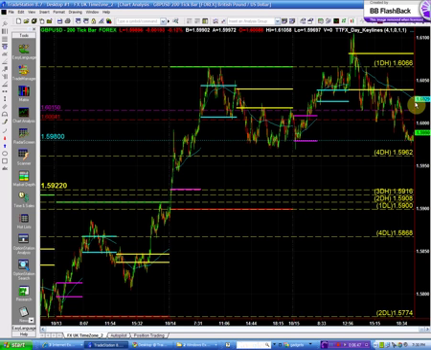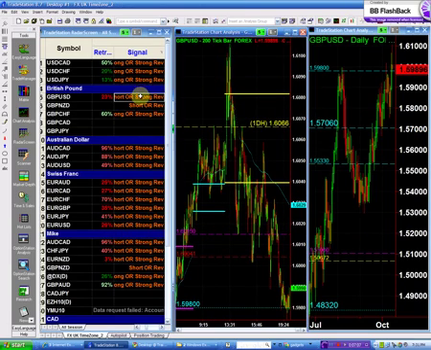It's a tough one, this one. I can place my stop around the 160 level here because there's a technical reason for that. So my stop is going to be 160.41.